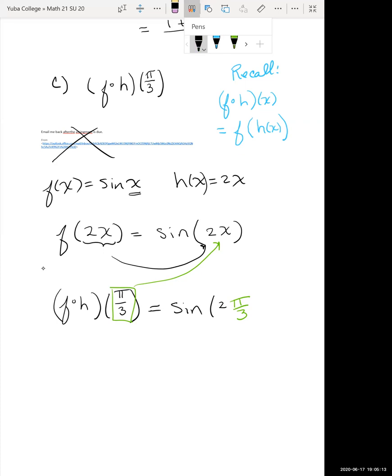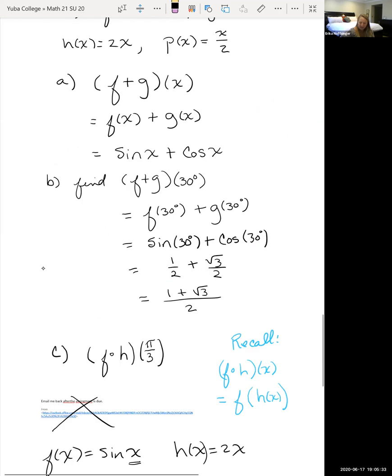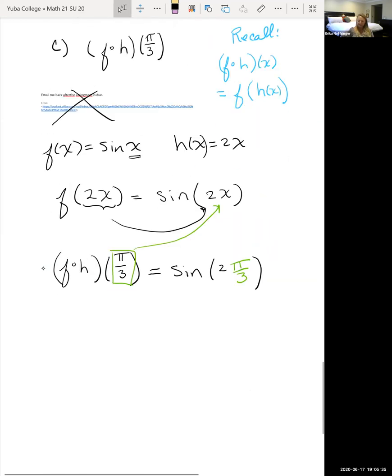Sorry, guys. Okay, so I was changing this up from the book and they had pi 6 and I didn't want to do pi 6 because we had already done 30 degrees.